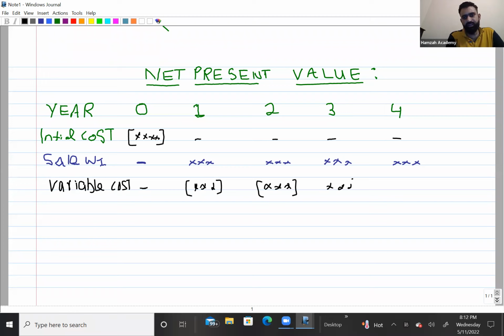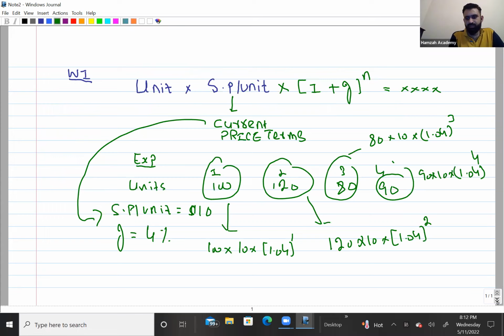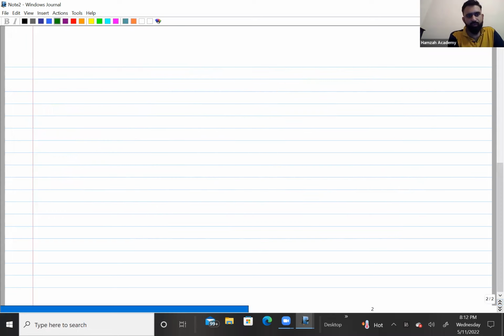It will be taken as an outflow here. Now, how will we determine it? Working number 2. Now, working number 2.